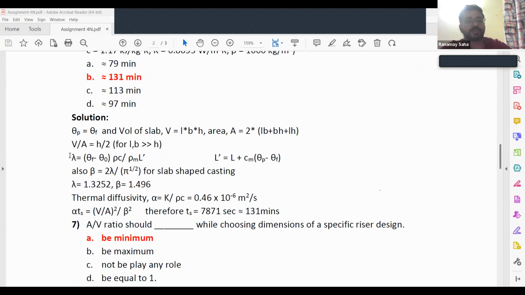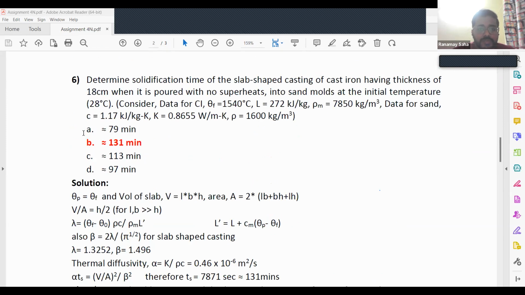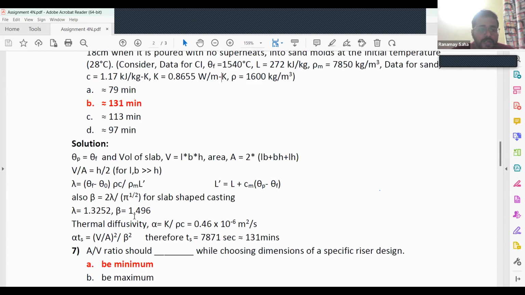You calculate the two constants, lambda and beta. You find out lambda from the given values. Theta should be equal to the pouring temperature because there is no superheat, as it is given here. So in that case, you get lambda and you plug that into the equation for beta, which is 2 lambda by root pi in case of planar casting, or you can say slab shaped casting.